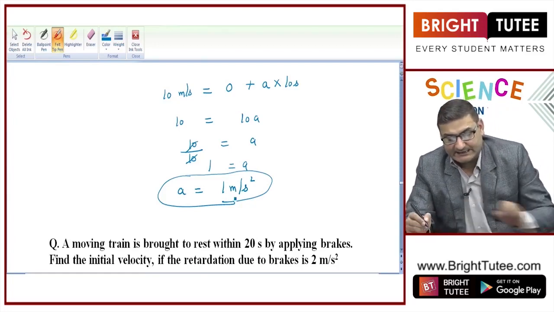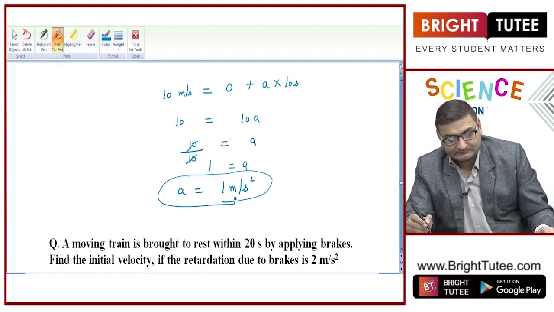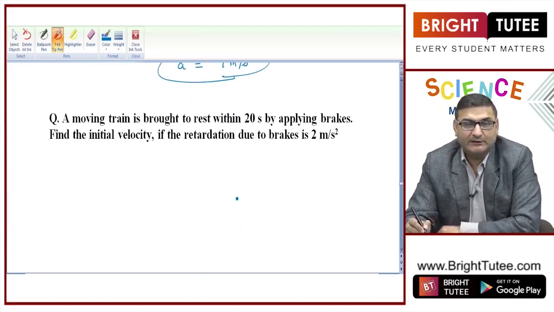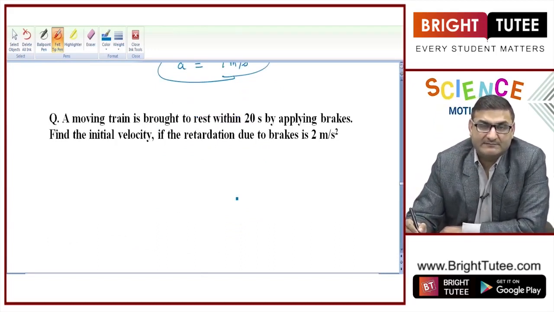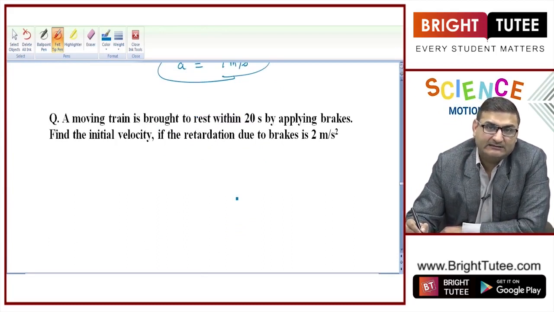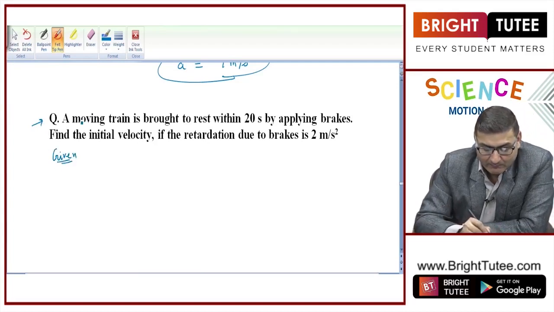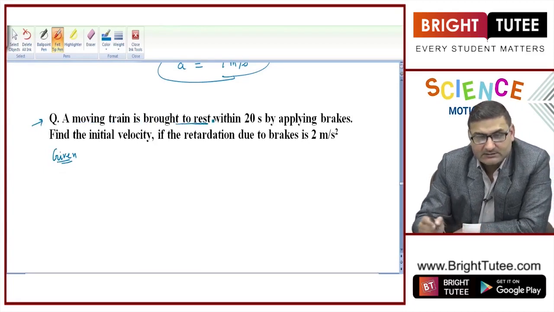Alright, let us take the second question. We are just going to utilize the three equations of motion, the three concepts that we have studied, and the units observation. That's it. Let us see what exactly is given in the next question. First of all, let us see what is given. A moving train is brought to rest.